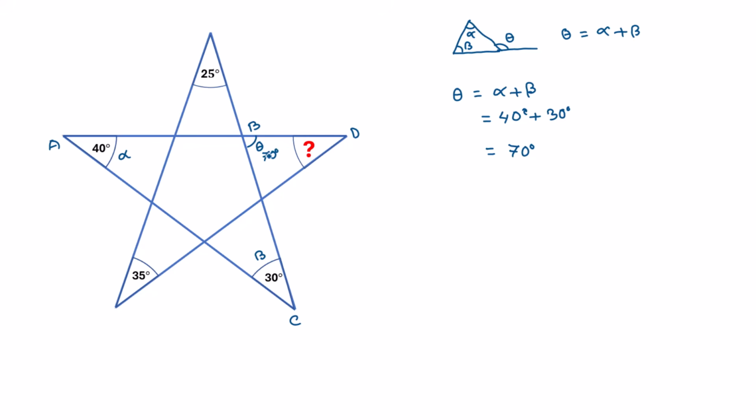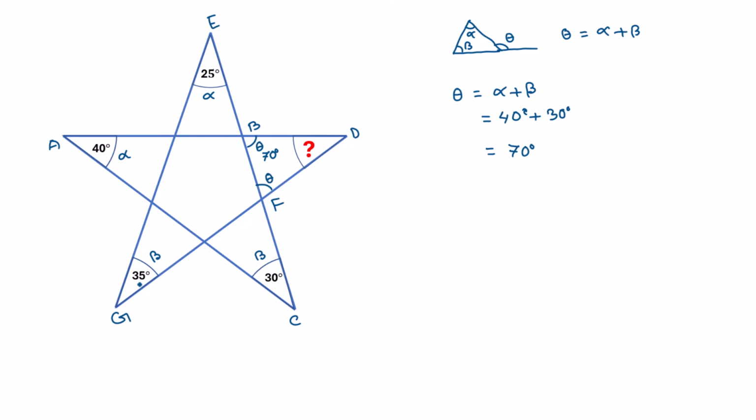So this angle B is 70 degrees. Again apply this theorem in triangle EFG. In this triangle EFG, consider this GF side extended to D. If this angle is alpha, this angle is beta, then this exterior angle will be theta.